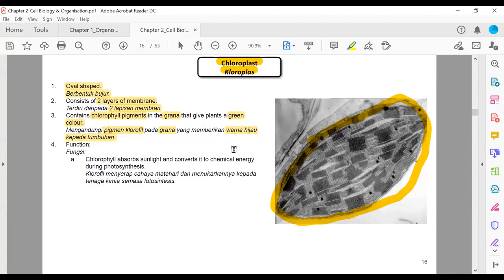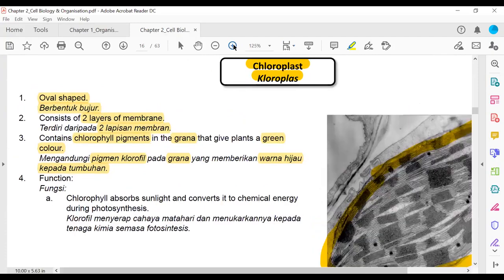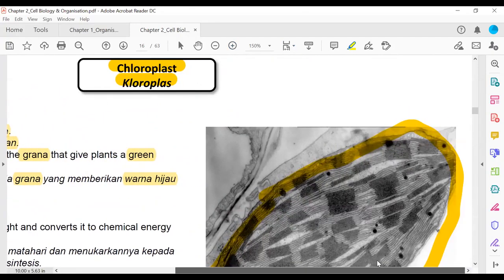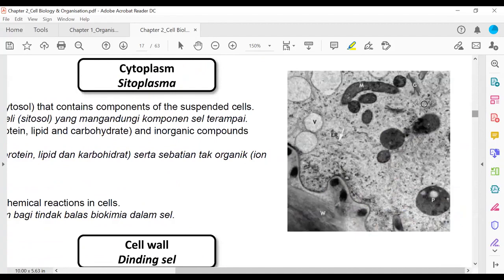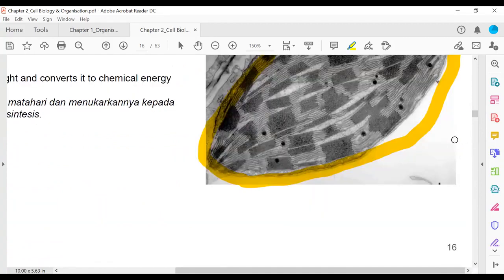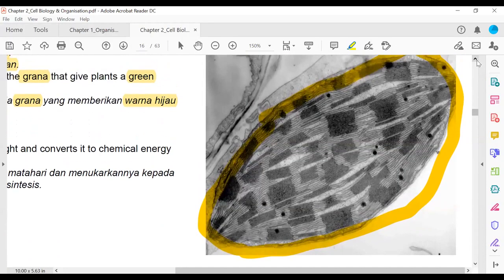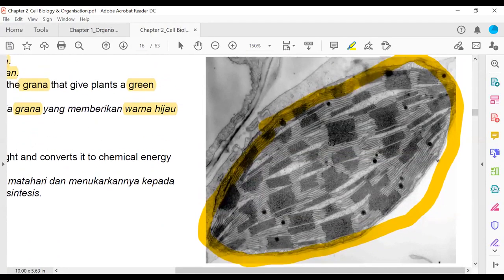And the chlorophyll ini duduk dalam grana, is found inside the grana yang ada dalam chloroplast. Apa dia grana? Okay, let me show to you what is grana. Okay, ini gambar chloroplast. This is a picture of chloroplast. Okay, mana grana? Can you see this dark thing? Ada benda yang gelap ini.